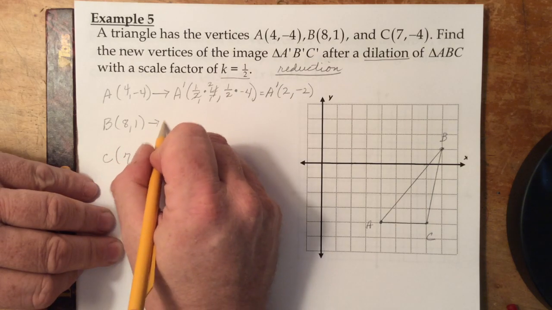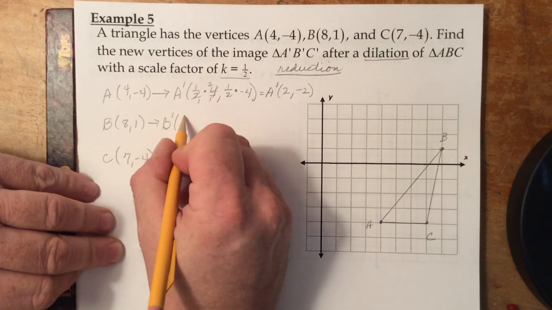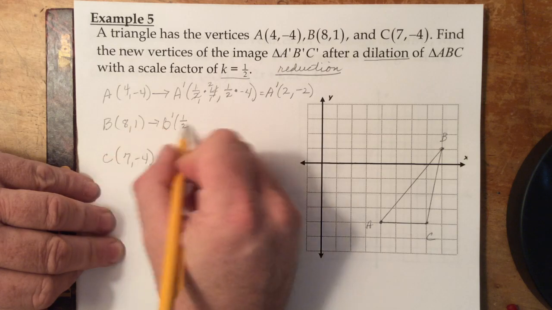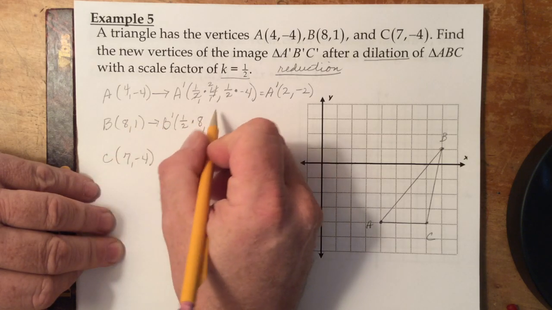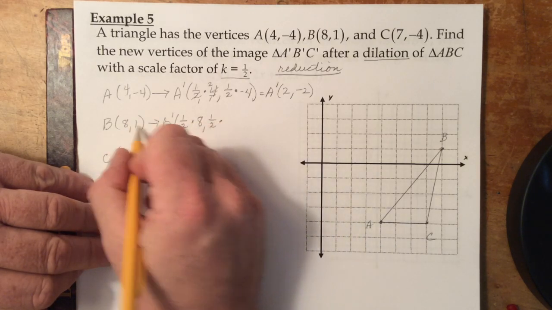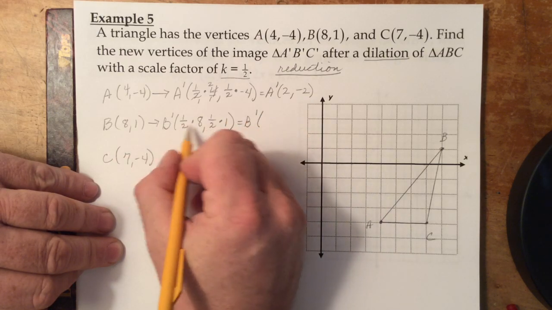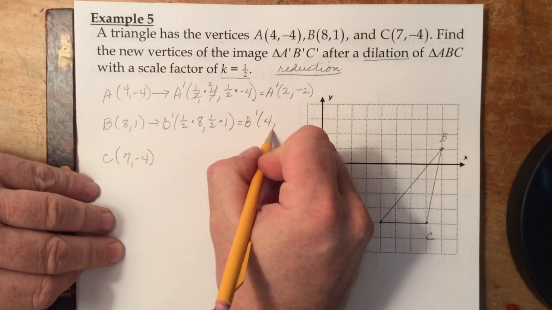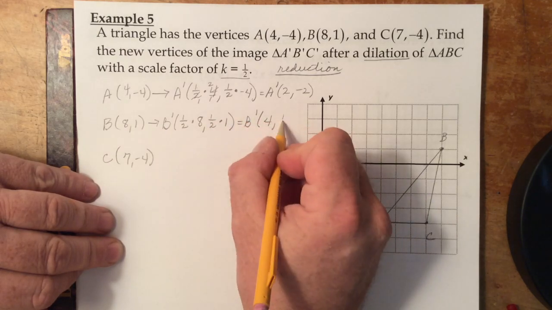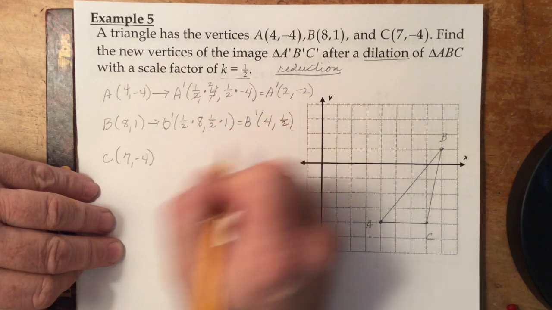To dilate B, for a reduction, do the same thing. 1/2 is K, multiply it with 8, comma, 1/2 times the y-coordinate, 1. That gives us B prime at half of 8 is 4, half of 1 is 1/2.